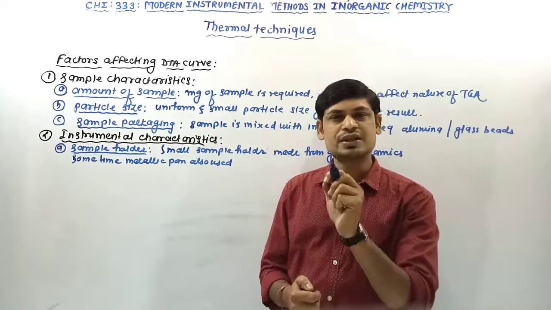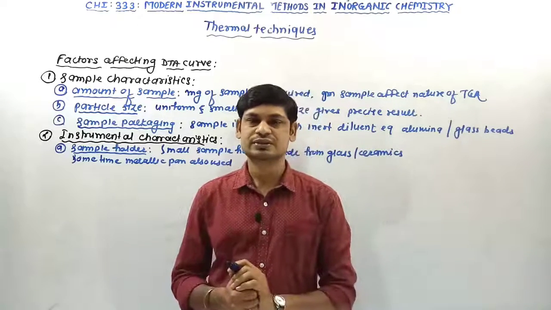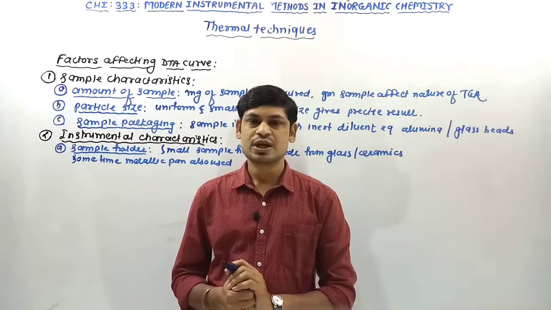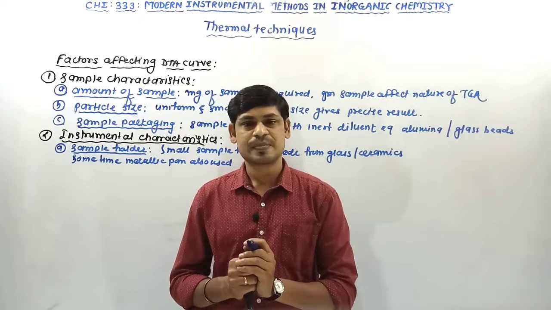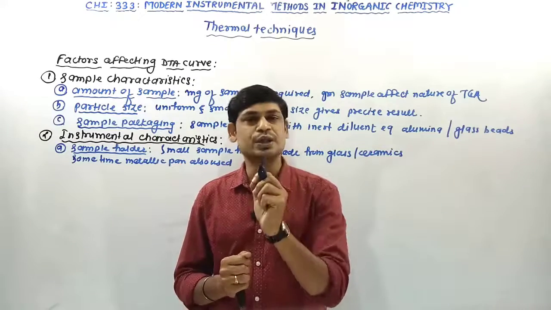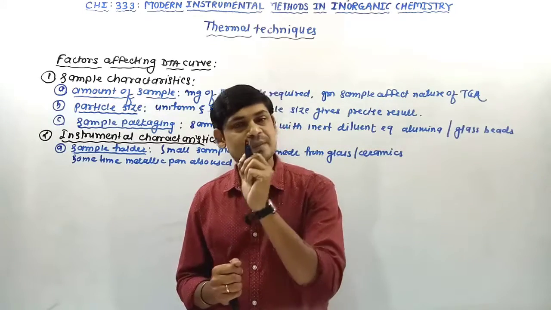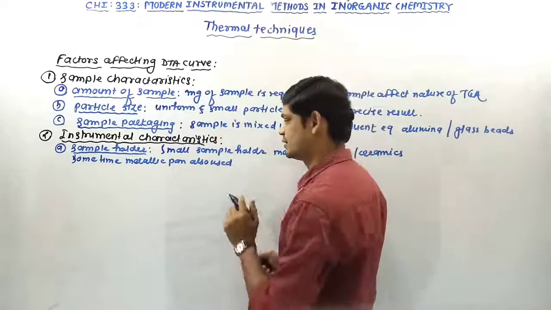Depending upon the material by which the sample holder is made, a little bit of variation in the DTA is observed. If the sample holder is made from metal, a broad endothermic and a sharp exothermic peak is observed.